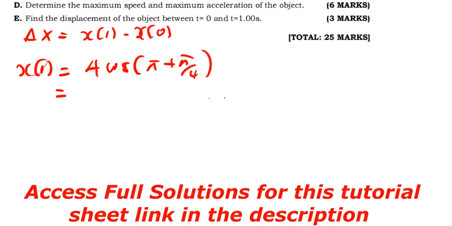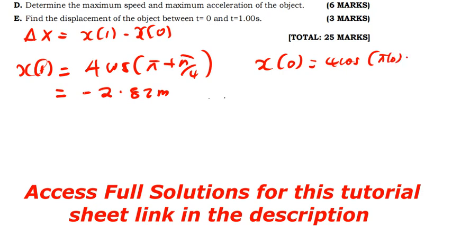And we found this, remember? We found that to be negative 2.82 meters.